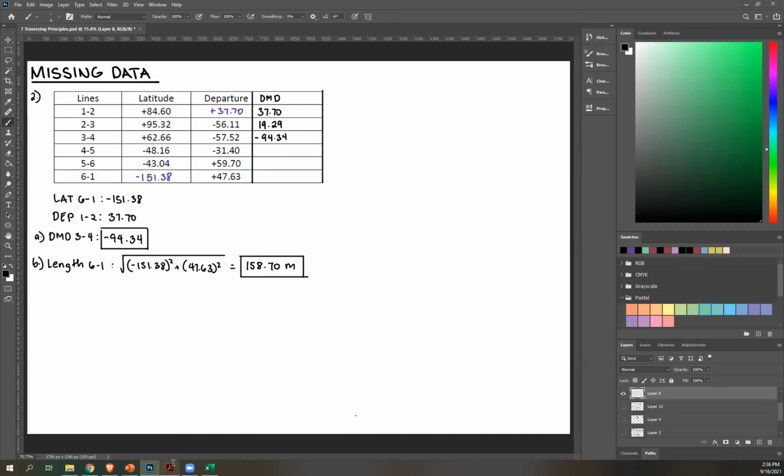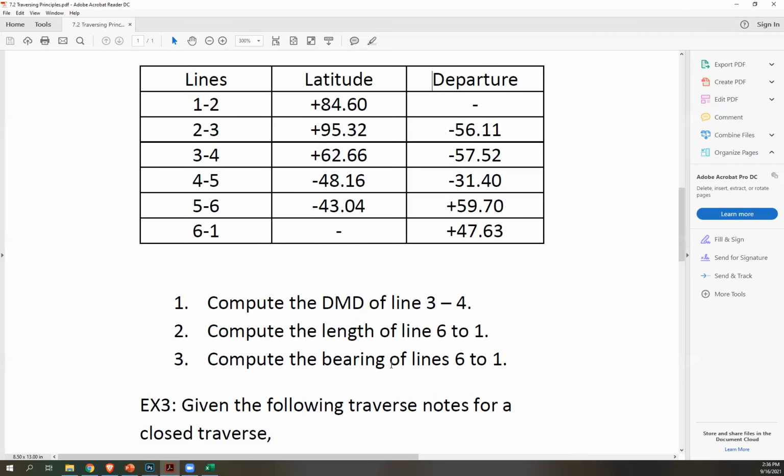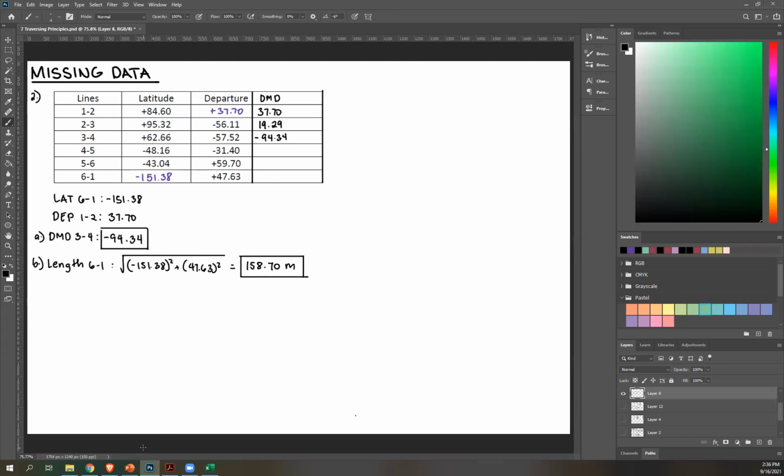And then, final question here is bearing of line 6 to 1. Okay, bearing. That means that's just getting the theta first. Theta is arctangent absolute value of departure over latitude.